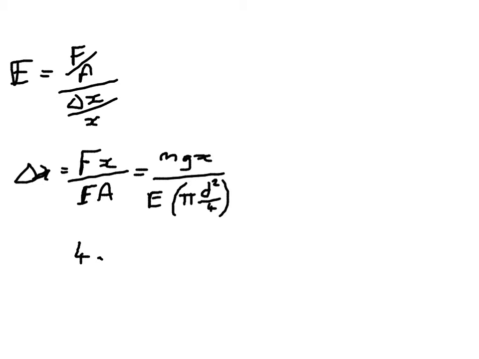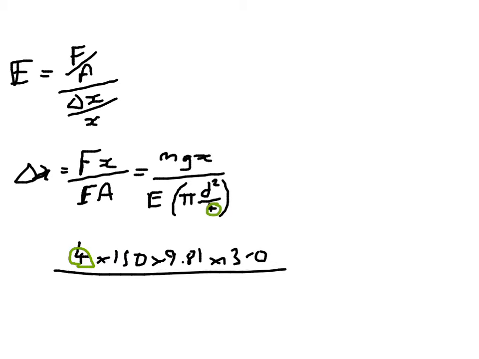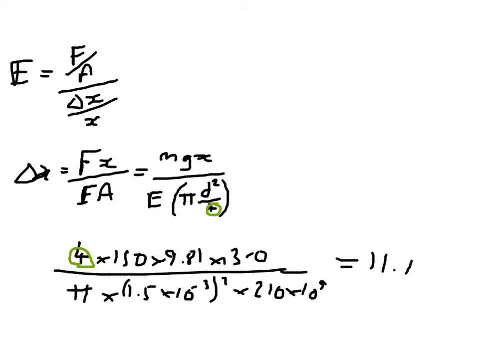So we can say 4 by 150, so this 4 here is this 4 here, we've just moved it up, by 9.81 by 3 metres. And we're going to divide that by pi by 1.5 times 10 to the minus 3 squared, and by 210 times 10 to the 9. So that will give us an extension of 11.9 millimetres, so quite significant.